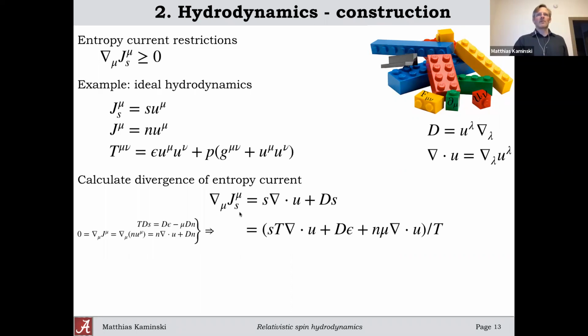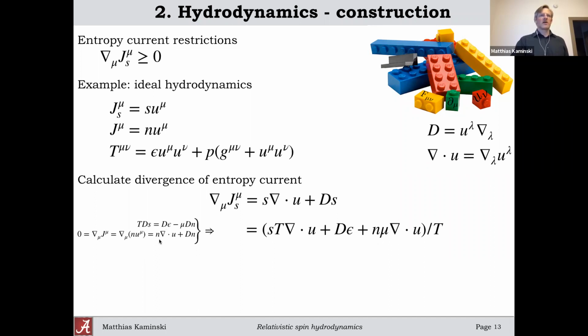Now we can use the first law of thermodynamics in this form, and also the current conservation equation, which we've seen before, in order to replace the ds by the d epsilon and dn.